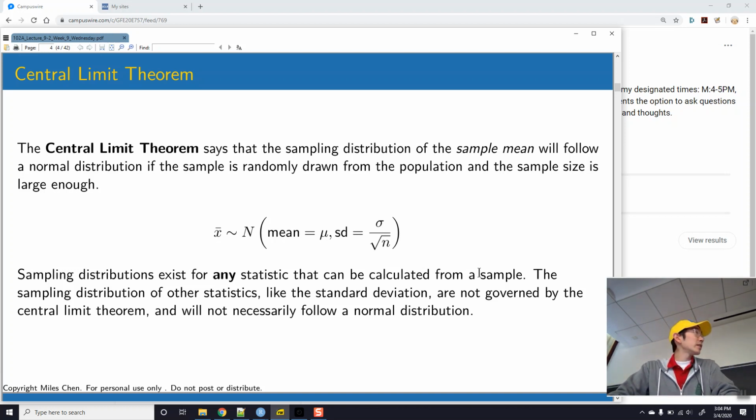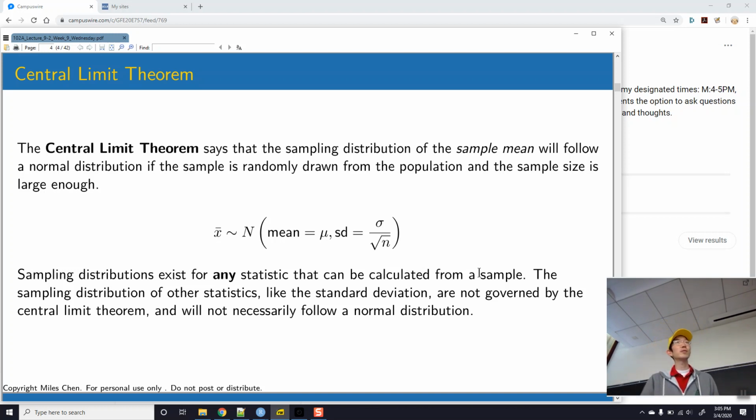Sampling distributions exist for any statistic that can be calculated from a sample. Anything that you can calculate from a sample, there's going to be a sampling distribution for it. For example, you might have a sample of data and you fit a linear model and you get the slope coefficient. There's a sampling distribution for that slope coefficient B1.